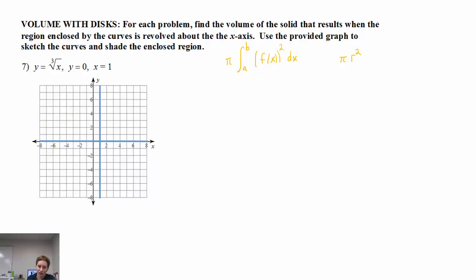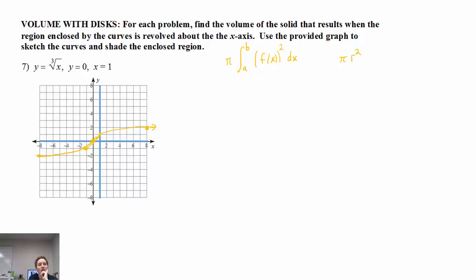So if I graph the cube root of x, it's going to start at 0, 0, and then 1, 1, and then at 8 we can do 2, and then we can also go this other direction. And so we want to be between our cubic function, y equals 0, and x equals 1.